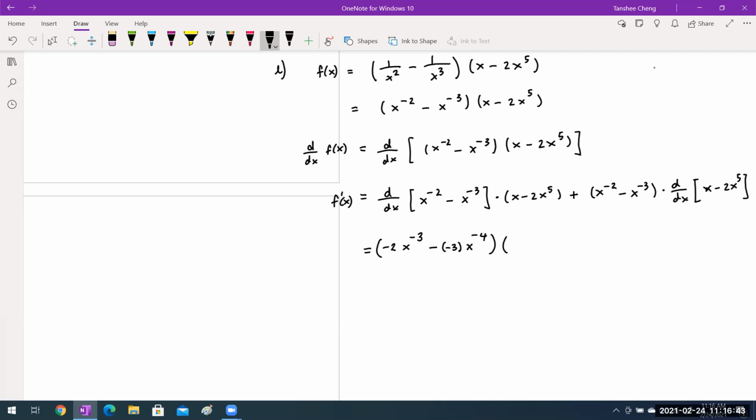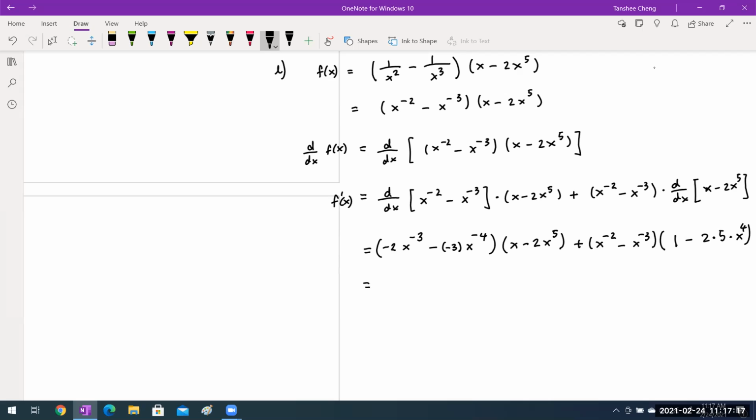And then times the second factor, which is x minus 2x to the fifth, plus x to the negative 2 minus x to the negative 3, times the derivative of the second factor: the derivative of x is 1, minus 2 times the power function, bringing down the exponent as a factor, times x to the 5 minus 1, which is 4.